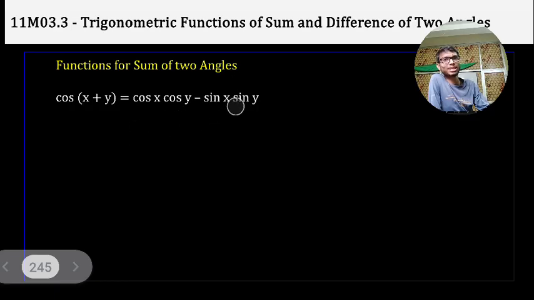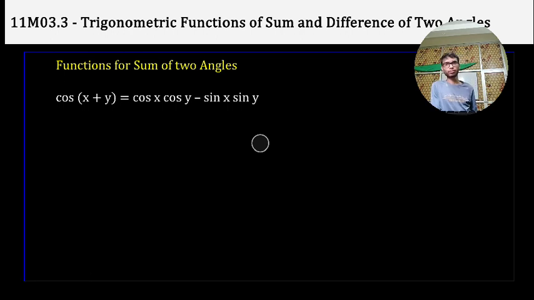This is cos x cos y. How did it come? I don't know. Even I don't know. I know that this is a formula for calculating. Later I will discuss how it came. Right now, whatever it is giving you.